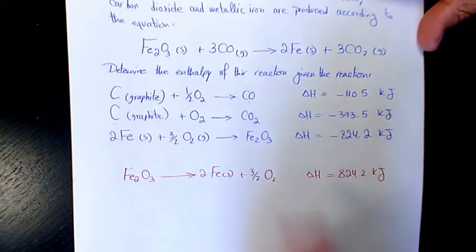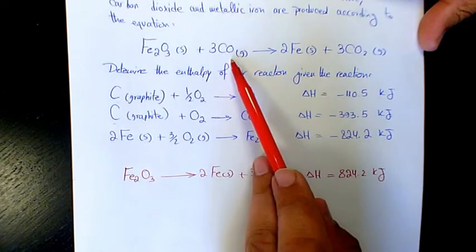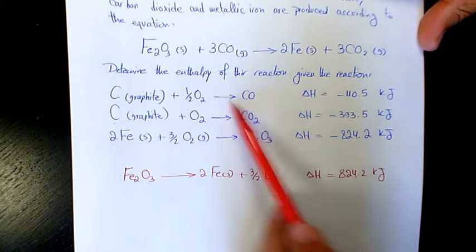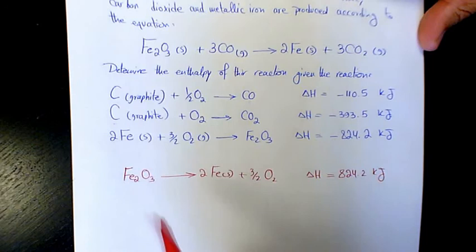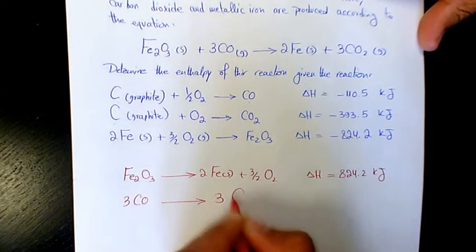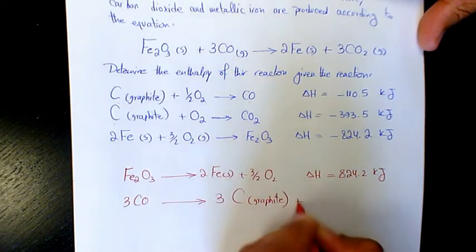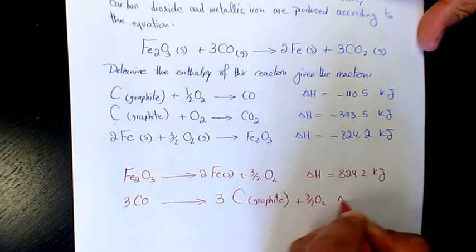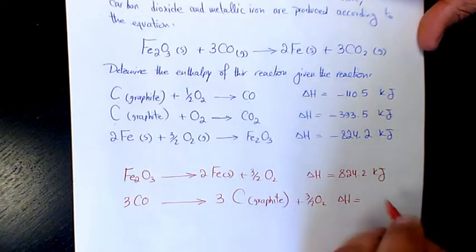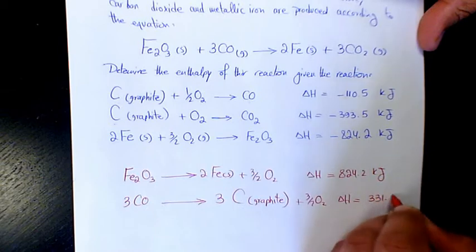The negative is going to be positive. Then we have CO in here. So we reverse this one and multiply that by 3. So 3CO gives 3C in graphite form plus 3 over 2 O2. It's going to give us positive 331.5 kilojoule.